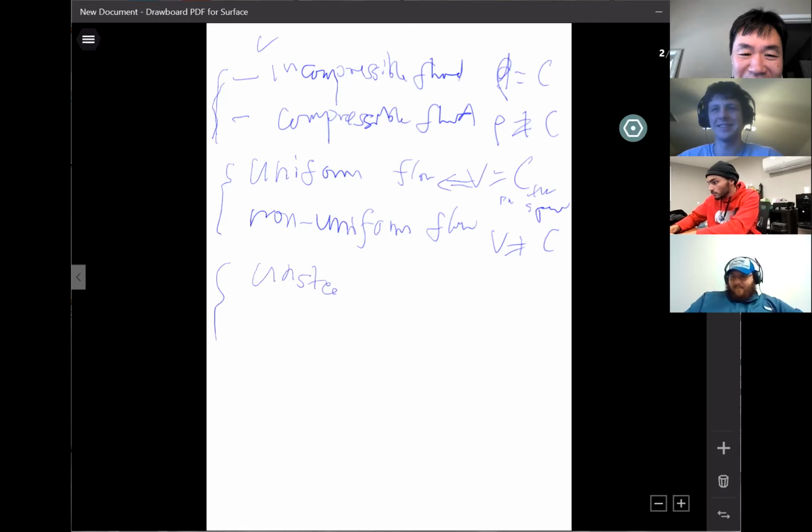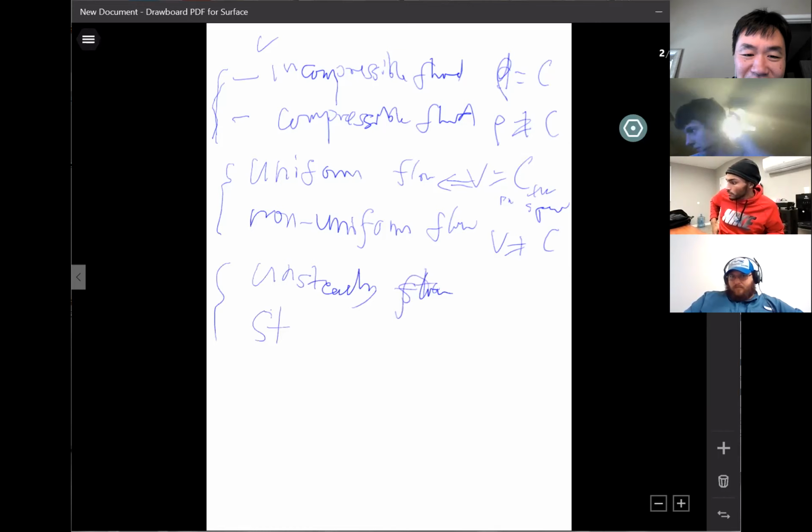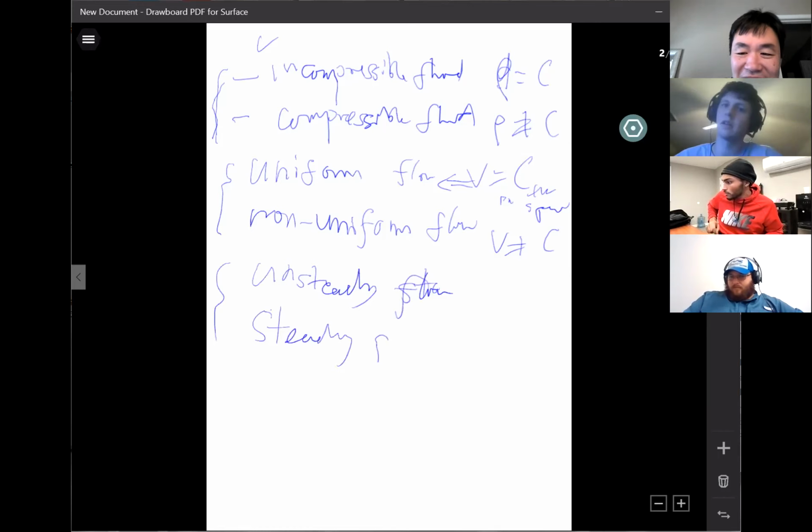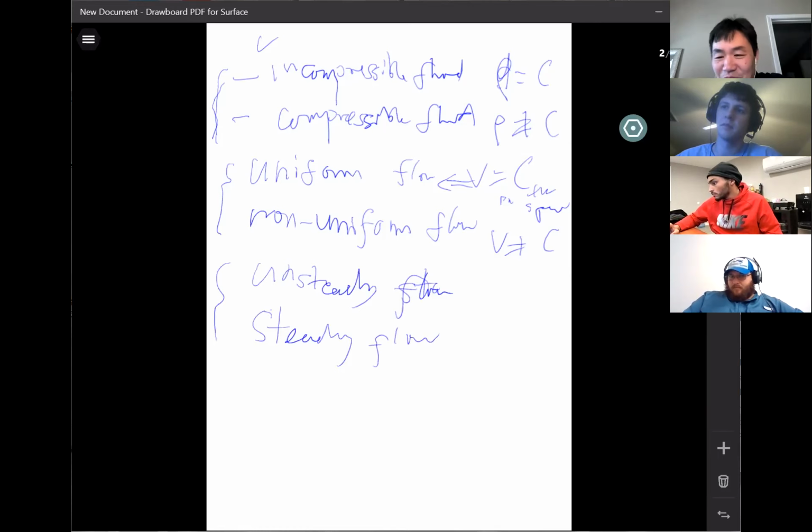Unsteady flow versus steady state flow. Now, you have 1,000 sensors in the room, and every sensor gets different readings. But if I check each sensor: I check sensor number 2 at 8 o'clock, 5 meters per second. I check it at 9 o'clock, 5 meters per second.